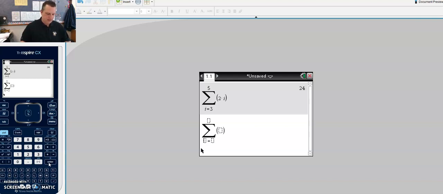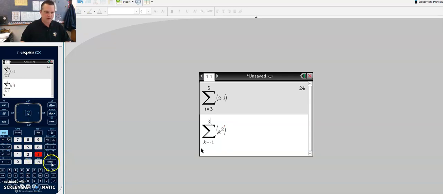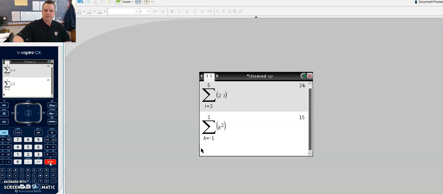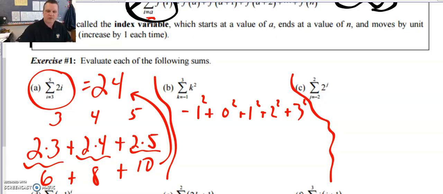There's your k, which I said could be any letter down there. It goes from -1 up, and it's k squared. Up to 3. Enter, and you get 15. That's the answer they're looking for. Like I said, if it's a part 2 question, you have to show all that.